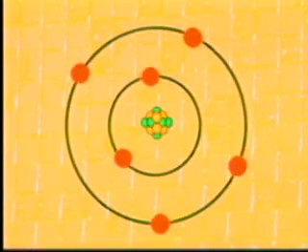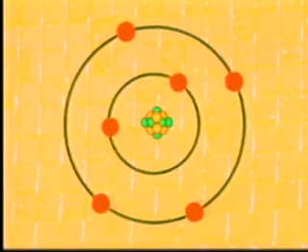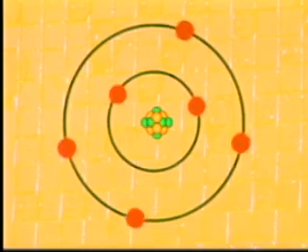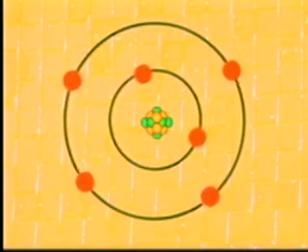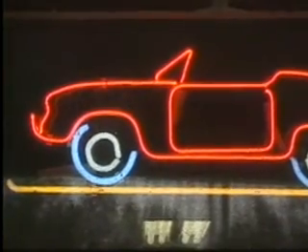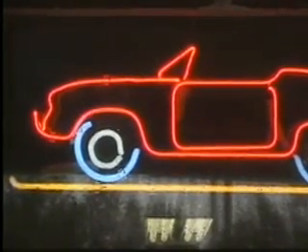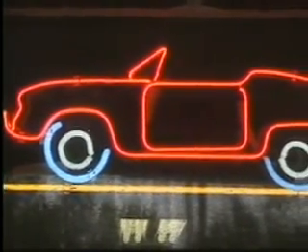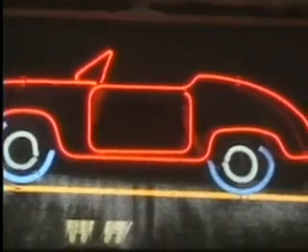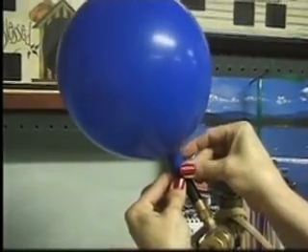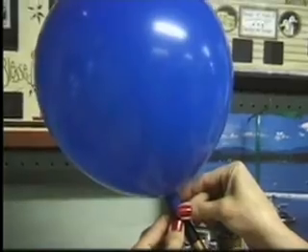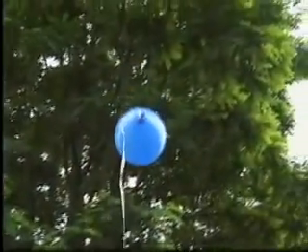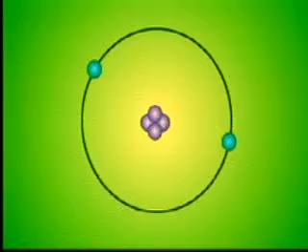Valence electrons in the outermost energy level determine an atom's stability and how it will bond with other atoms. When the outermost energy level of an atom, such as neon in this sign, is full, it is very stable. Helium, another stable substance, is a gas that is lighter than air and makes this helium-filled balloon float.